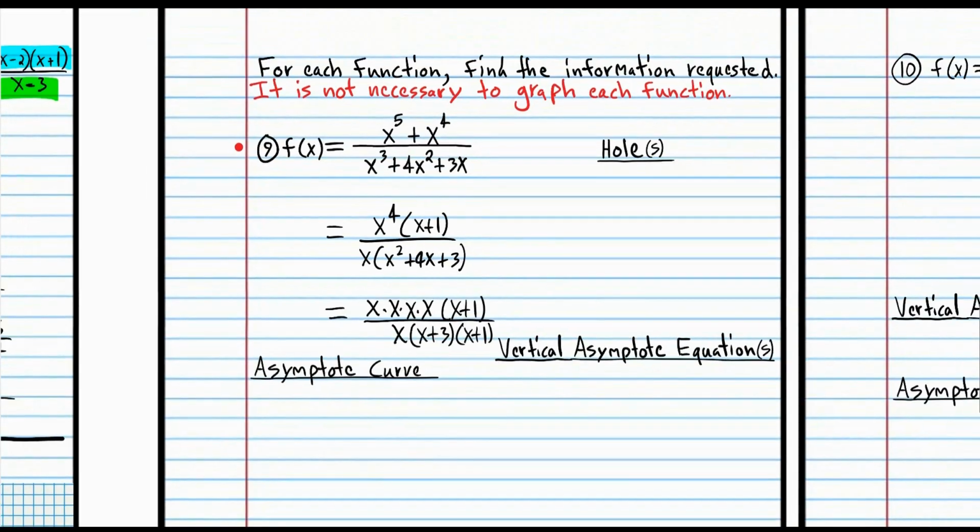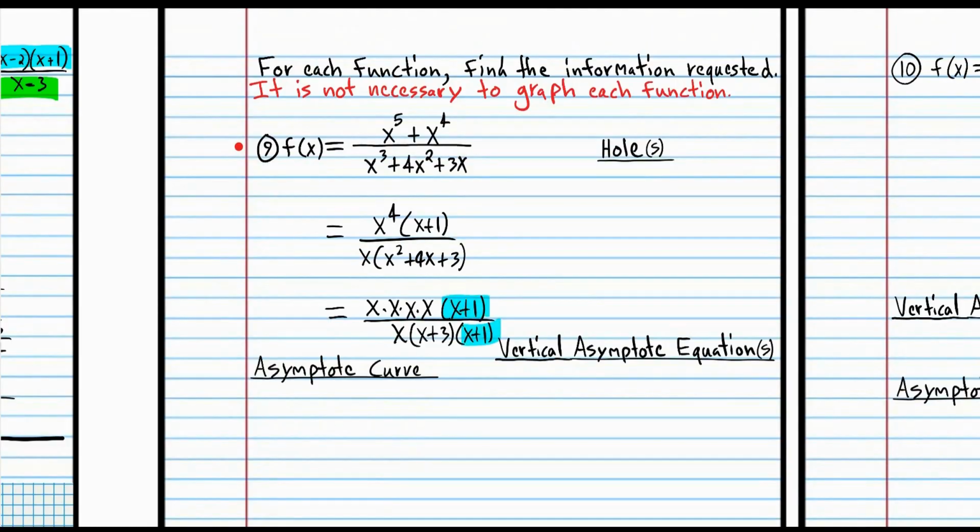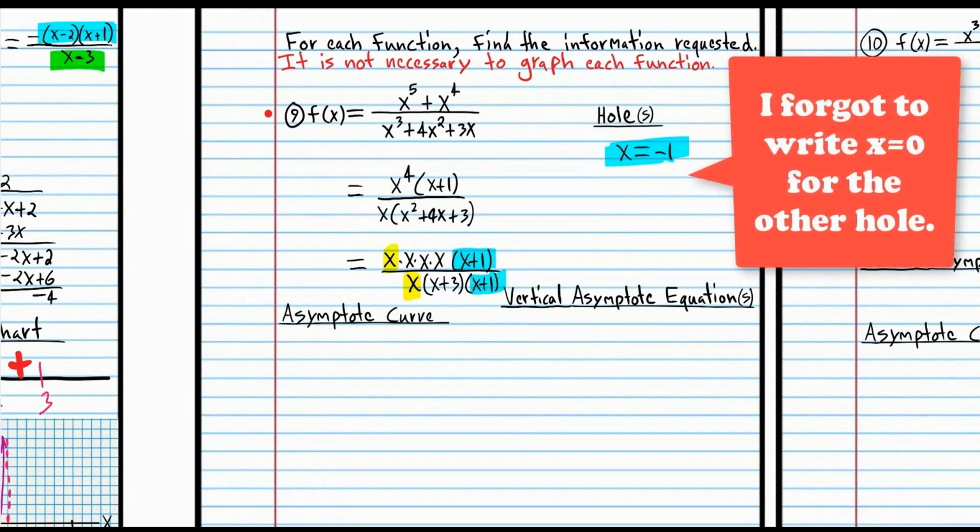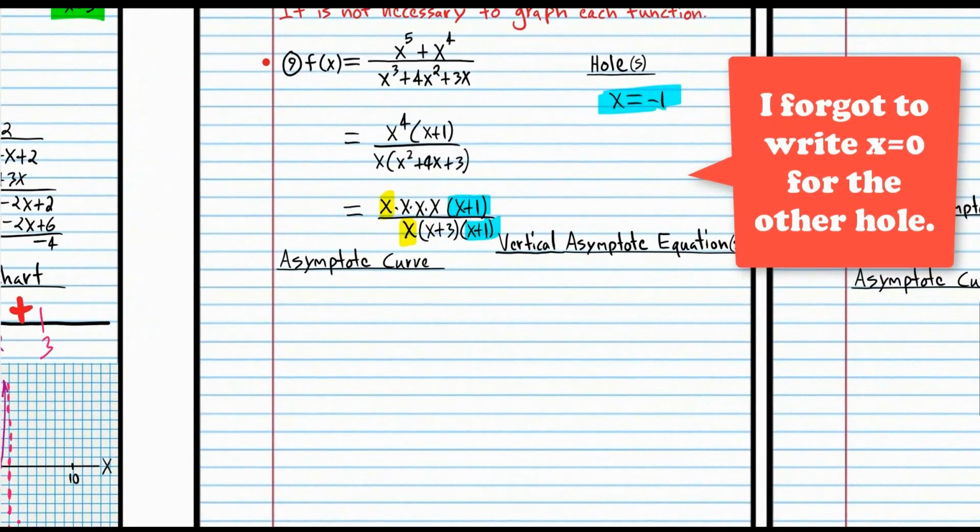So now you see that we have a hole at x equals -1, because that factor canceled out. We also have a hole at 0 because if you plug in 0, you get 0 in the numerator and the denominator. And we have a vertical asymptote at x equals -3.